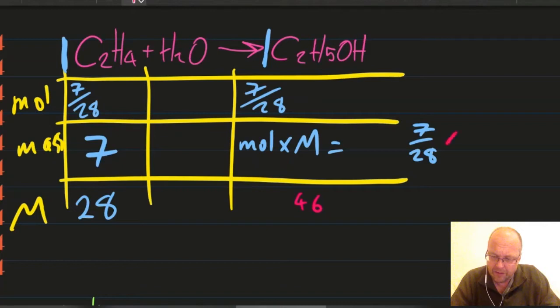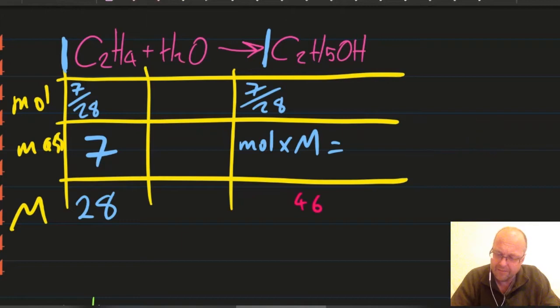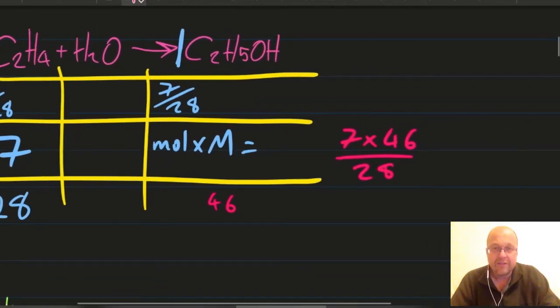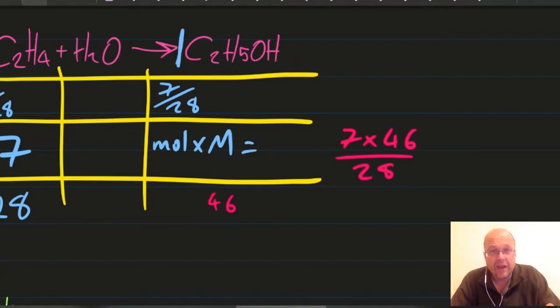So I'm going to multiply the moles by the molar mass over 46. Right, so that line's going to go there, isn't it? It's a bit messy. Let me rewrite that. 7 times 46 over 28. So that's the theoretical yield. But it says experimentally I made 7 grams.